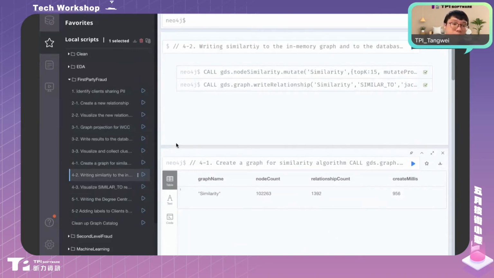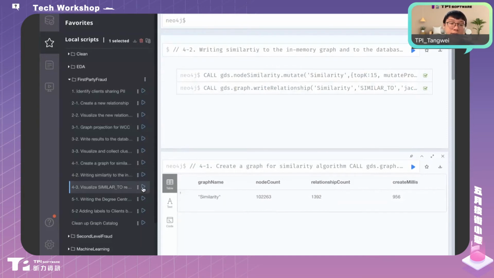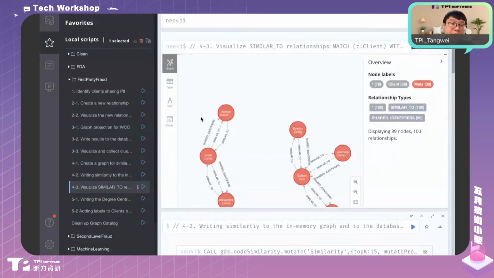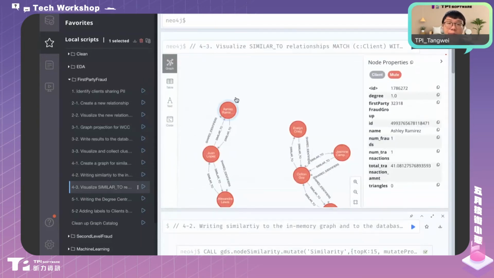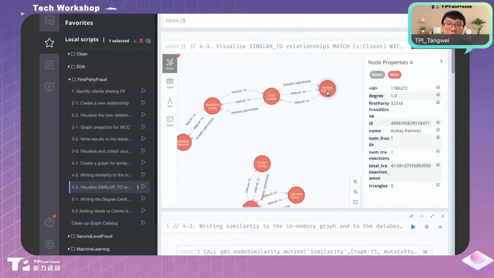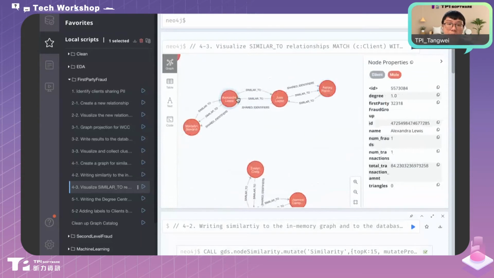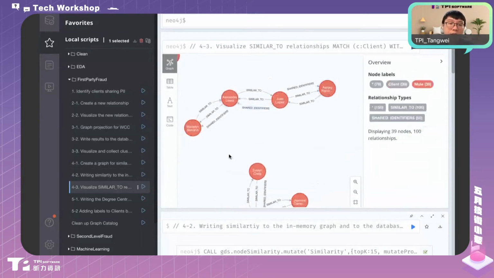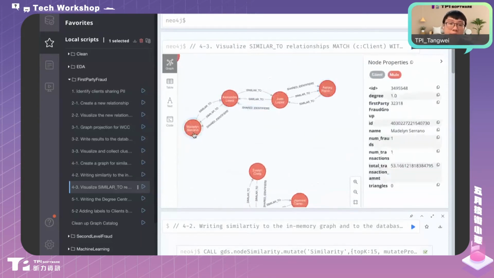So we write the result to our database, and then we can visualize what we do in the similarity step. In here, we can see we take these 4 people as an example. So this is the kinase 1.